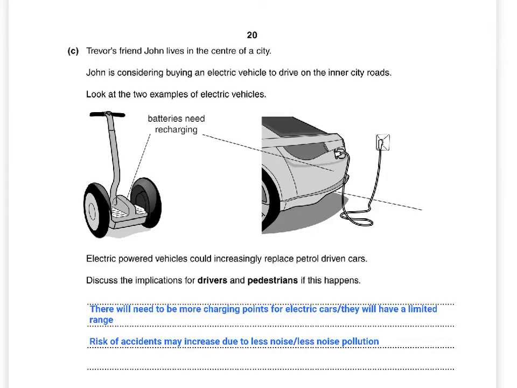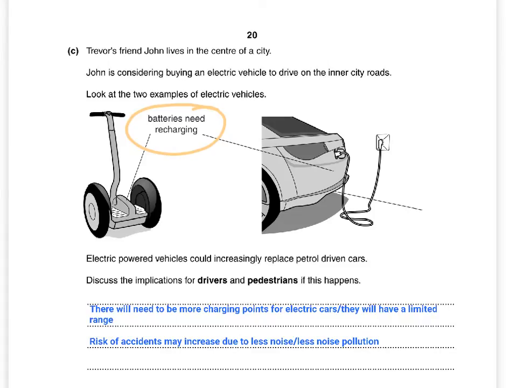Part C, Trevor's friend John lives in the centre of a city. John is considering buying an electric vehicle to drive on the inner city roads. Look at the 2 examples of electric vehicles. The only thing here that's relevant to the question is that it says in the middle, batteries need recharging.